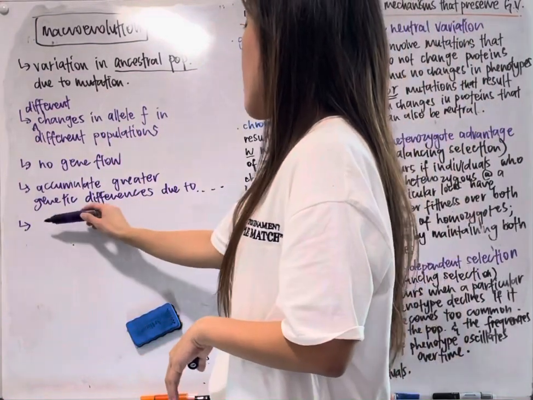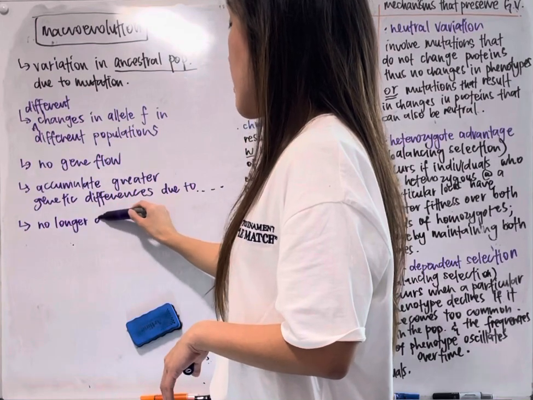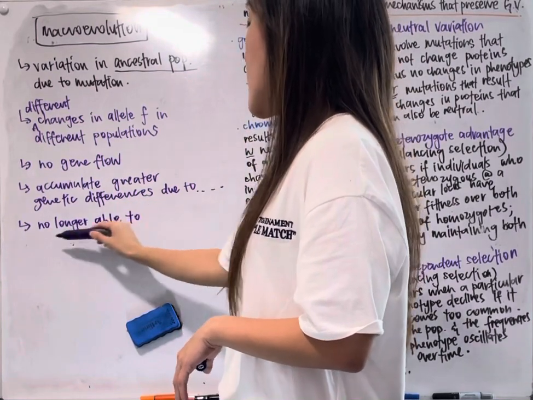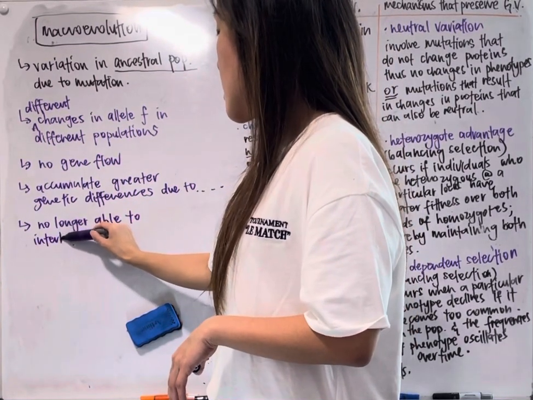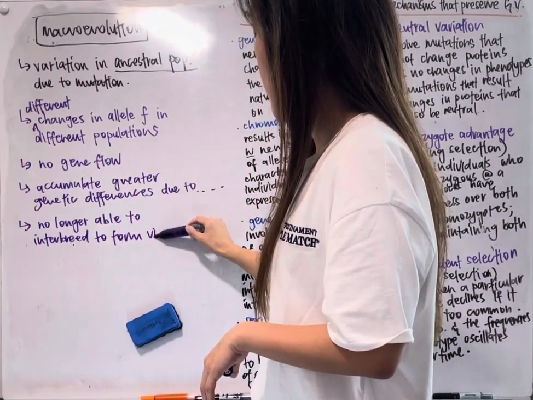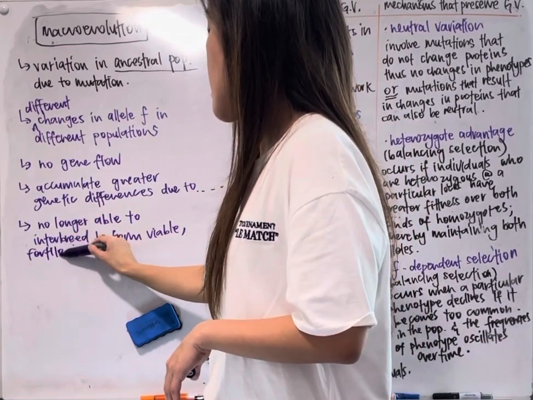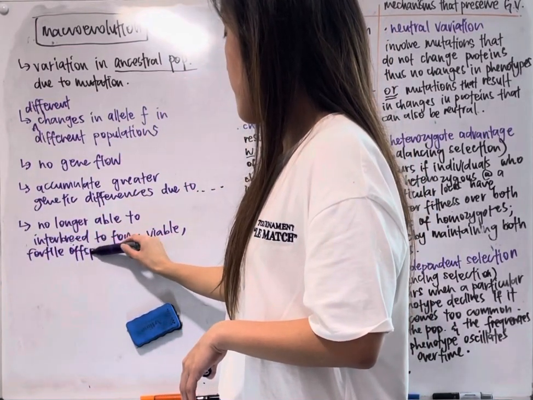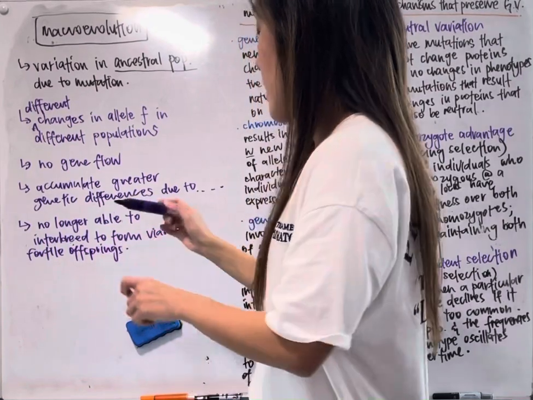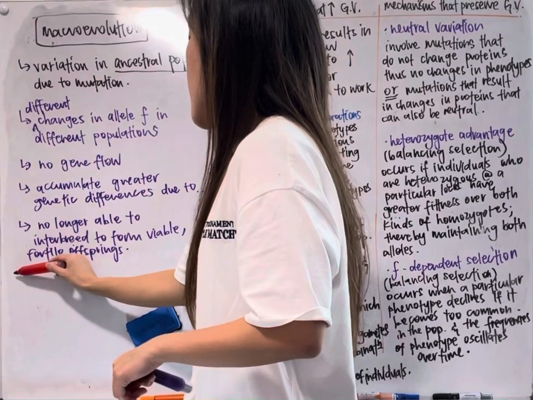So you must tell me how populations are no longer able to interbreed to form viable fertile offspring.